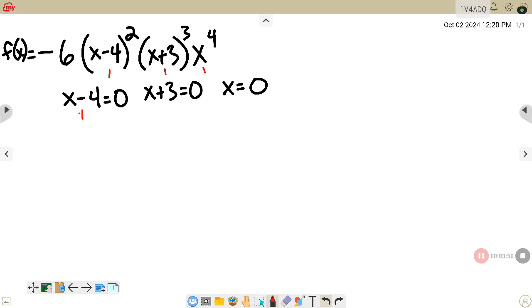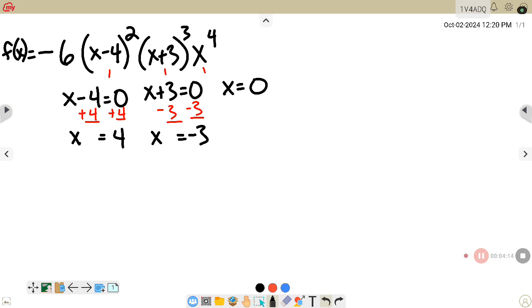So this one I'll add the 4 to both sides. So I get x equals 4. Here I will subtract the 3 from both sides to get x equals -3. And then the last one's already solved for me. It's just x equals 0.